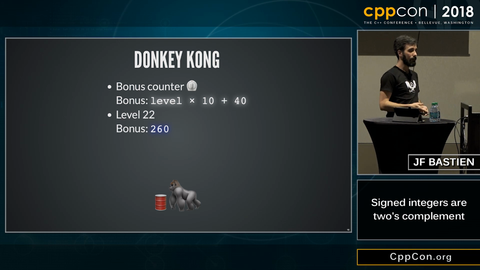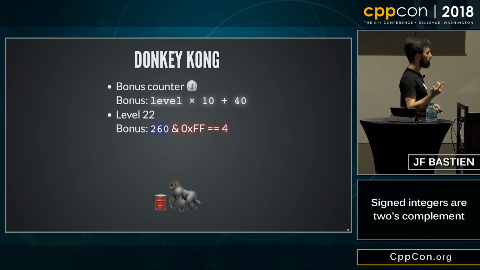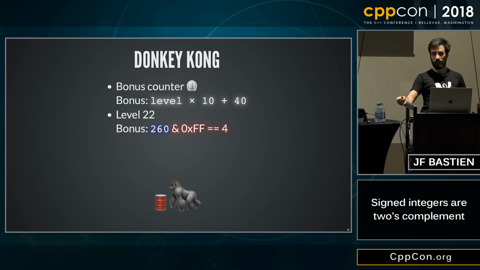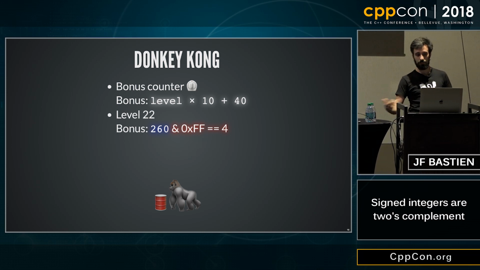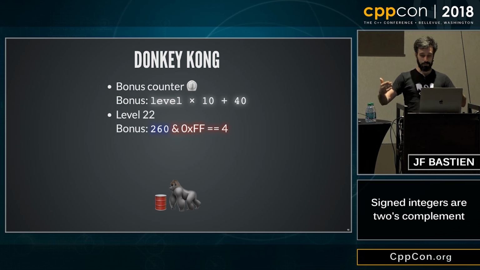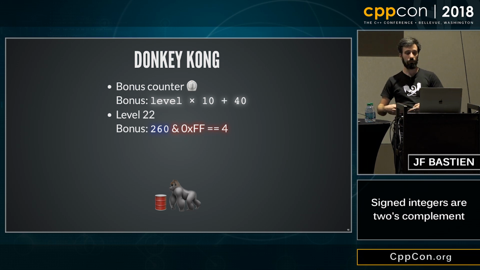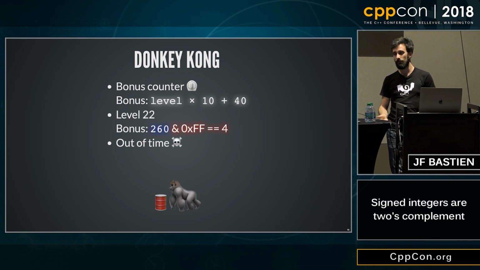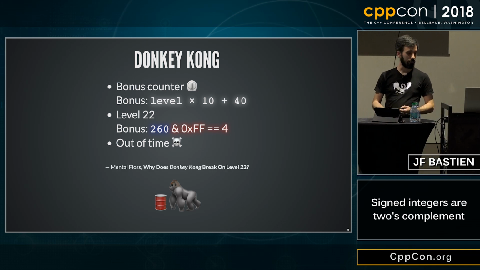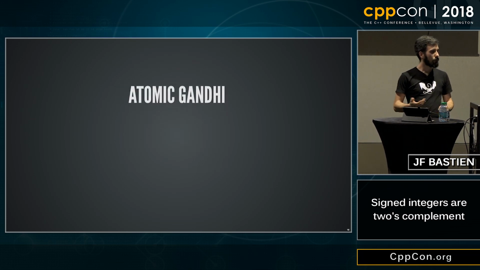And the problem with that is it's an 8-bit counter, it overflows, goes back to 4, and now you have just a few seconds, like 2 or 3 seconds to play the game, and you instantly die. So that level isn't actually playable because the bonus counter goes to 0 way too quick for you to do anything. So you run out of time, you die. So that's another kind of kill screen in Donkey Kong, fairly early in the game. Kind of interesting.